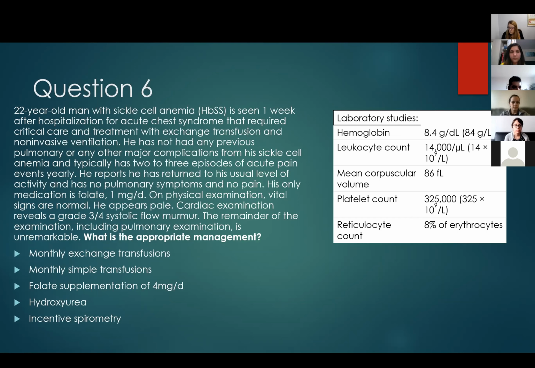He reports he has returned to his usual level of activity and has no pulmonary symptoms and no pain. His only medication is folate 1 milligram. On physical examination, vital signs are normal. He appears pale. Cardiac examination reveals a grade 3 out of 4 systolic flow murmur. The remainder of the examination, including pulmonary exam, is unremarkable. What is the appropriate management?